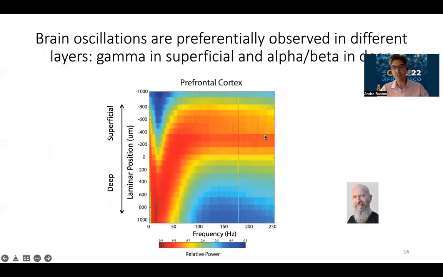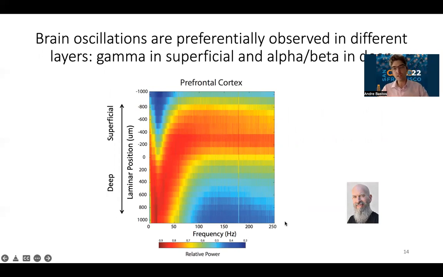One of the first observations I made during my postdoc with Earl Miller when I was at MIT is the following. When we place probes perpendicular to cortex, on the y-axis is the location of the laminar depth of the electrophysiological recording, in this case, local field potential, with 0 being the approximate location of layer 4, superficial layers 2 and 3 up here, deep layers 5 and 6 down there.